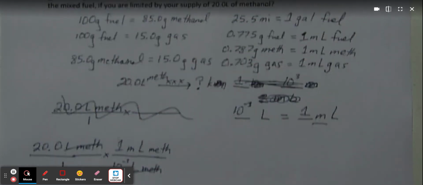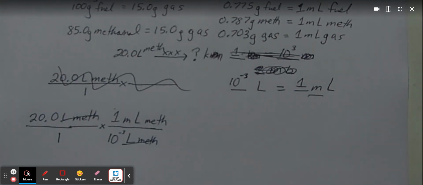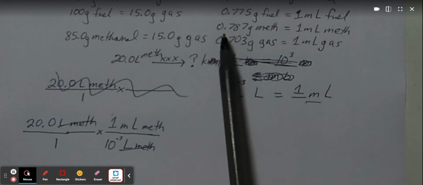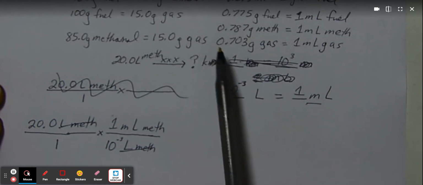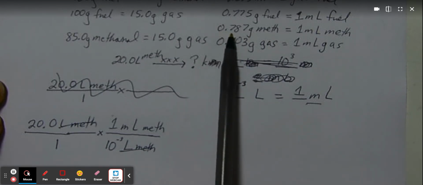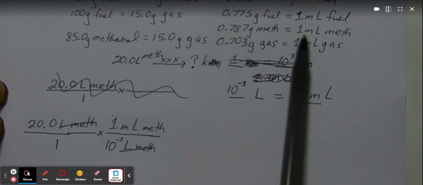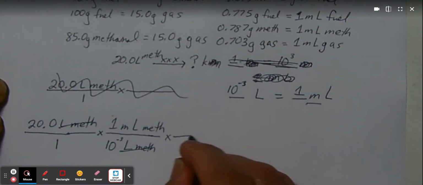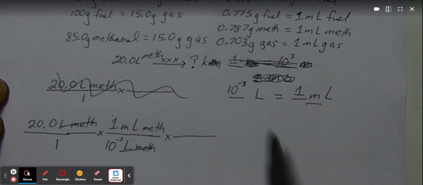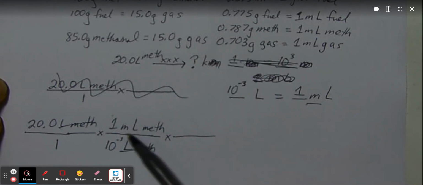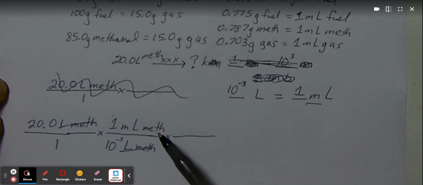So let's do that. I'm going to use the density of methanol. We're given the density of methanol here. So we know that 0.787 grams of methanol is equal to 1 milliliter of methanol. So I'm going to use that. Here I have milliliters of methanol on the top, and I am going to have milliliters of methanol on the bottom.